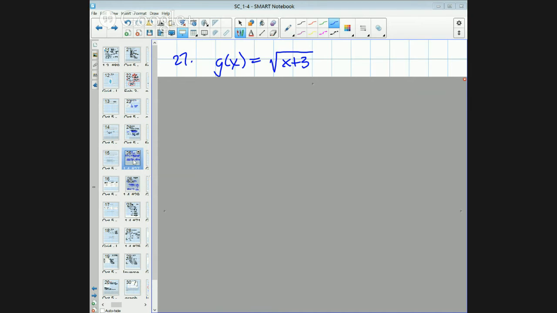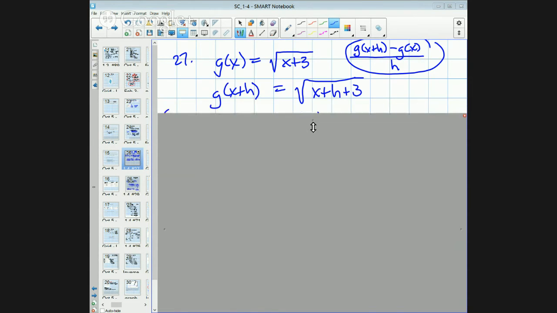Find the difference quotient. Now you got to remember what we talked about earlier. What's the difference quotient? That looks like this. g of x plus h minus g of x, over h. That's the difference quotient, okay? So we got to use this to come up with this thing in the circle over here.